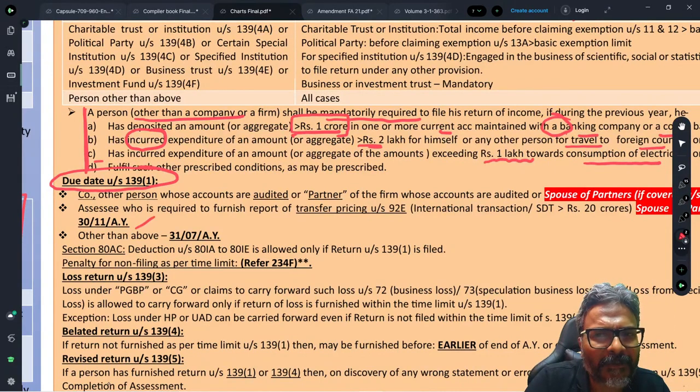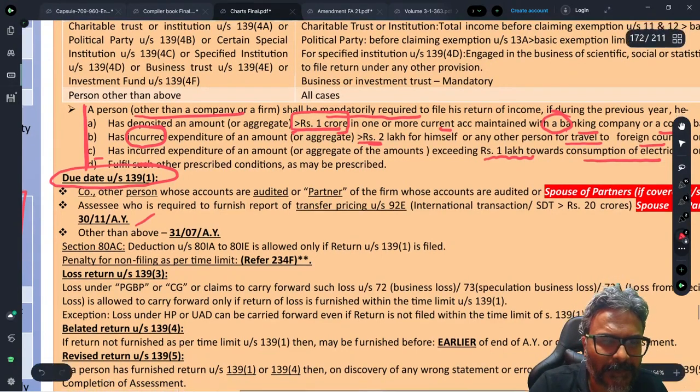The due date, we all are aware, is 30th of November of that particular assessment year. But the transfer pricing report under 92E, the accountant's report under 92E, should be filed by 31st of October. Is that clear to all of you, students?